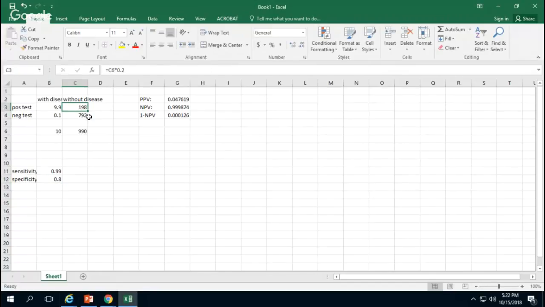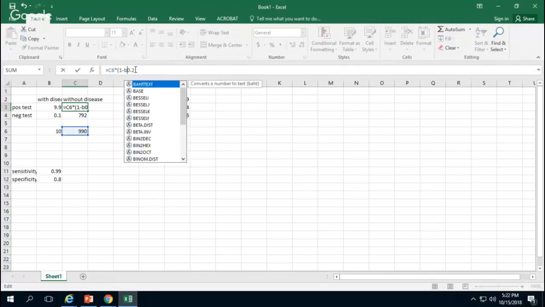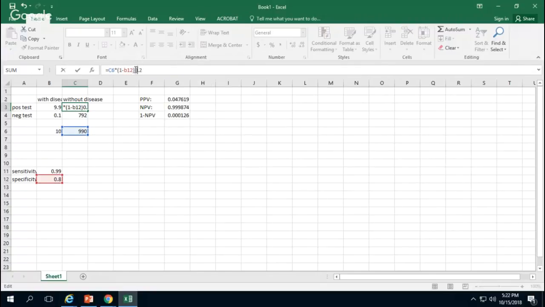I'll put that in here times B12, and this is times 1 minus B12. Okay, so here's the one that we're interested in, the positive predictive value.